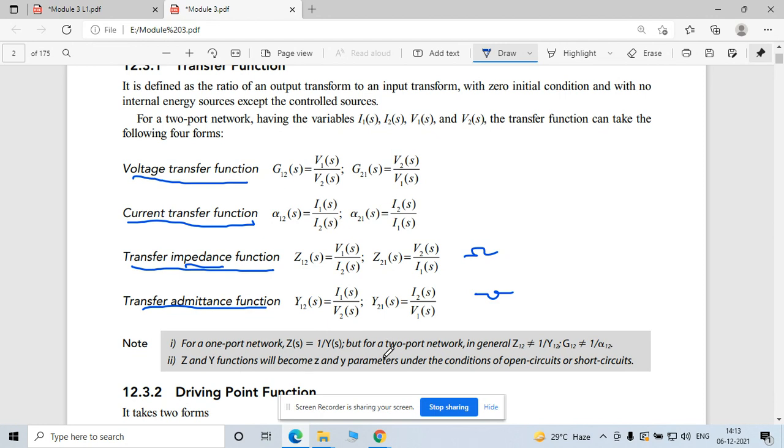But in port network theory, you can't directly take the reciprocal, z12 equal to 1 by y12, for finding the admittance function. You can't directly take the inverse of this function; you will get a wrong value. So either you first find the impedance function and then take the inverse in matrix form, so you will get the admittance function, but the circuit should be symmetrical and reciprocal.